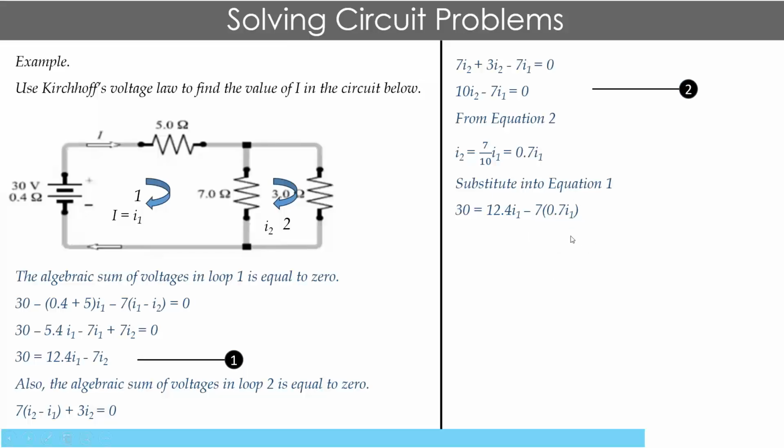If we resolve this further, we get 30 is equal to 12.4 I1 minus 4.9 I1. Resolving that further gives us I1 equals 4 amps. Remember that I1 is the same thing as I. So I1 is equal to I, equal to 4 amps.